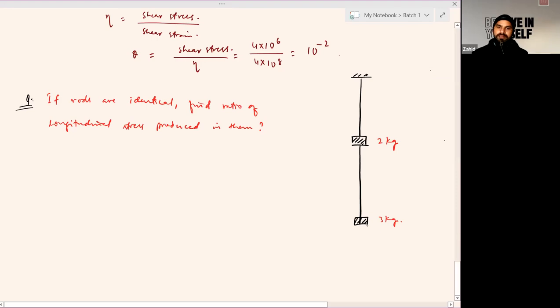You will say this attached block which has some mass must be experiencing a downward gravity. So there will be force at this point due to this 3 kg block, mass times gravity. Is it clear? Yes, sir.